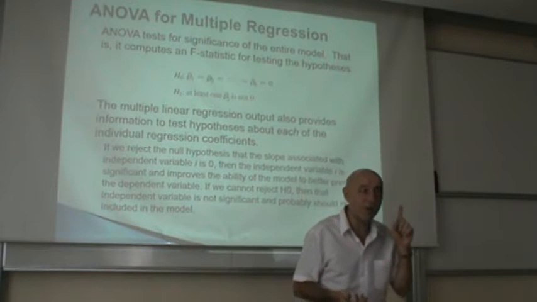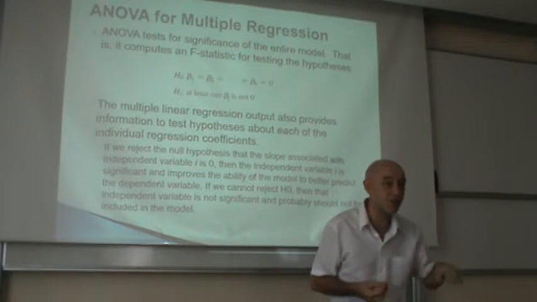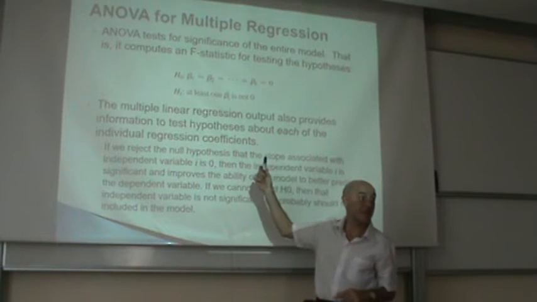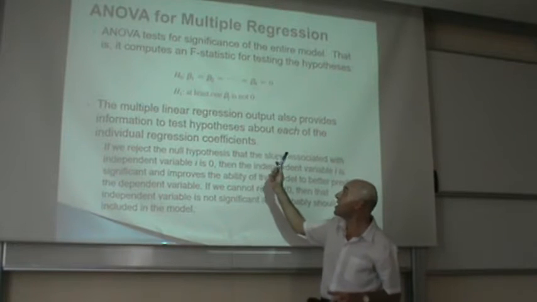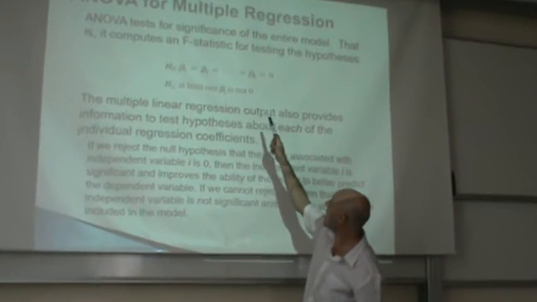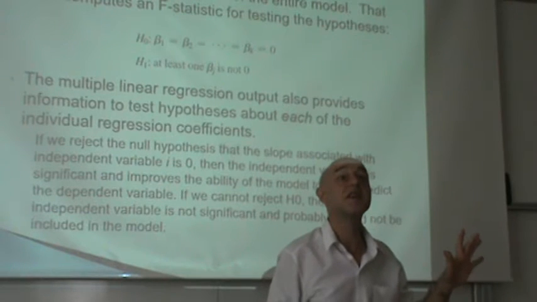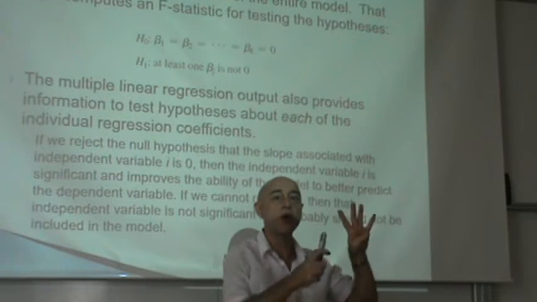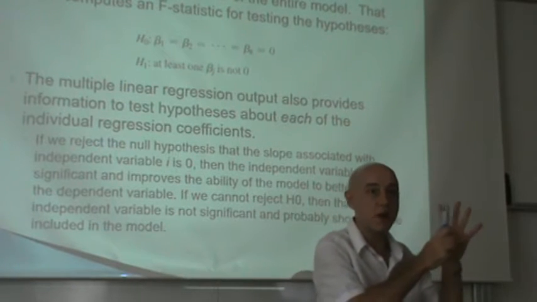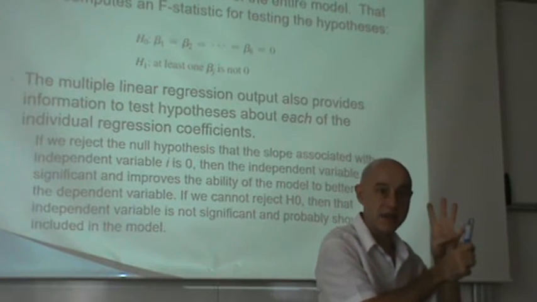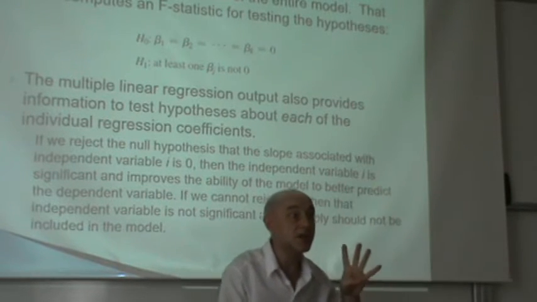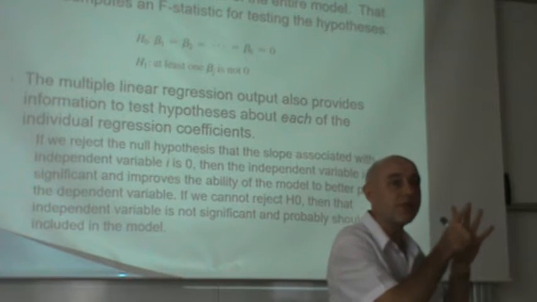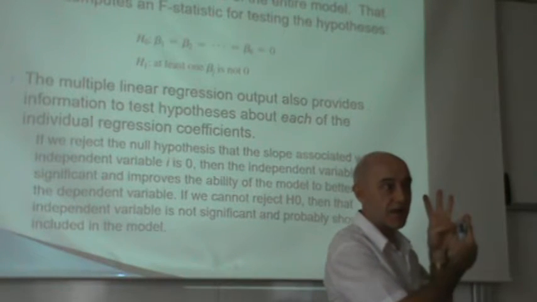Now, this is very important to understand. Now pay attention because this is the tricky part. If F is statistically significant, it does not mean that each and every coefficient is statistically significant. So if you've got 4 independent variables, x1, x2, x3, and x4, and the model is statistically significant, it does not mean that every variable is statistically significant.